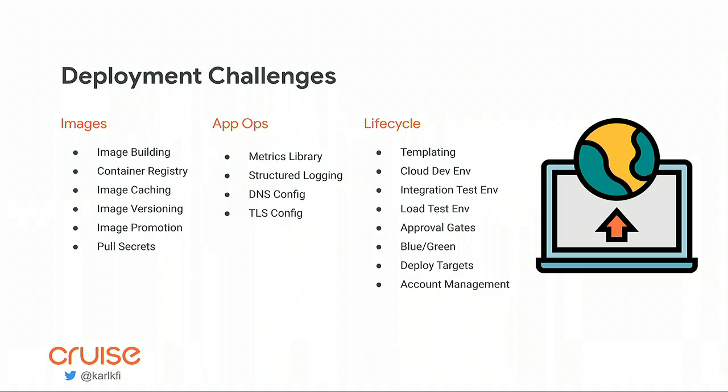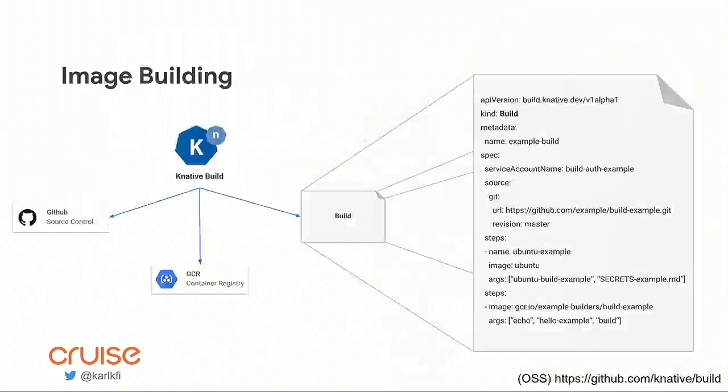So we provide a cloud-hosted dev environment, and we host a staging environment, which we allow use for both near-prod deployment and load testing. Integration can either be spread across dev or staging, depending on where your CI is located. With the use of Spinnaker, you can get approval gates. Blue-green isn't quite supported yet, but deploy targets is. And then account management, I'll get to in a minute.